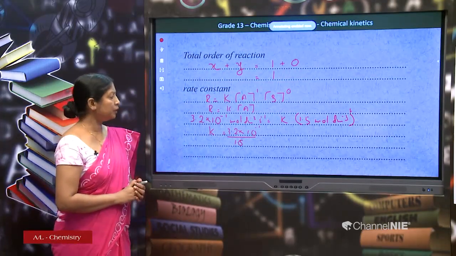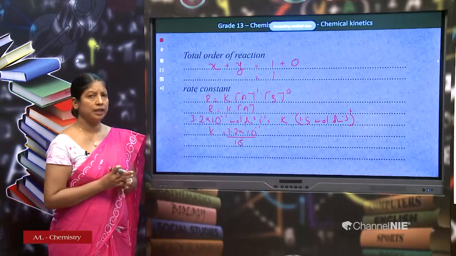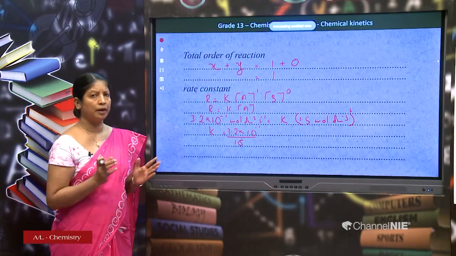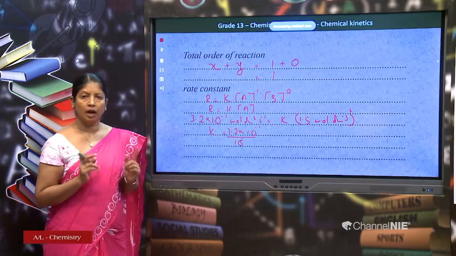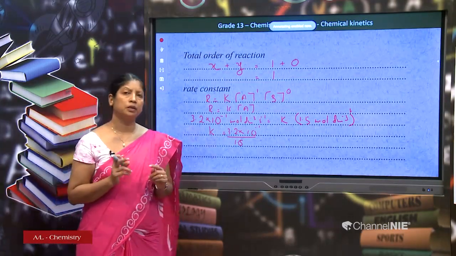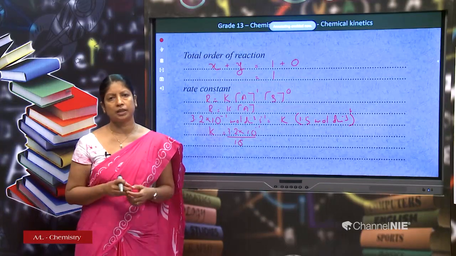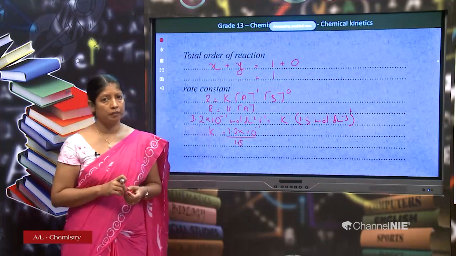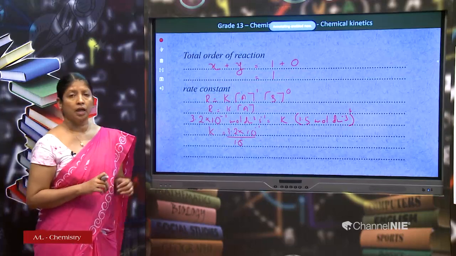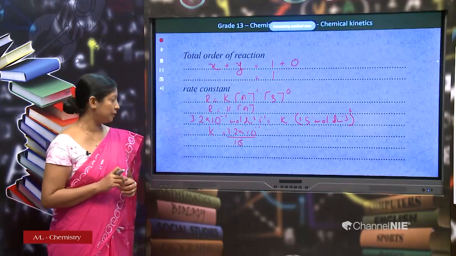Now, what will be the unit? One of the most important things in the rate constant is to find the correct unit, because unlike reaction rate, the unit of rate constant will vary from one reaction to another reaction. Depending on the order with respect to each reactant, the unit of rate constant will vary.